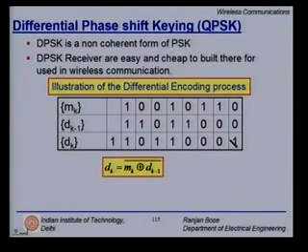Now the rule for differential encoding is very simple. d_k is m_k XOR d_(k-1), not function. What does it mean? If you have a 1 come in, then you don't change the output. If you have a 0 coming in, then change d_k. 0 comes in, change from 0 to 1. 1 comes in, don't touch 1, let it be 1. 0 comes in, change the 1 to 0. 1 comes in, don't change the 0, let it remain 0, and so on. Fine?